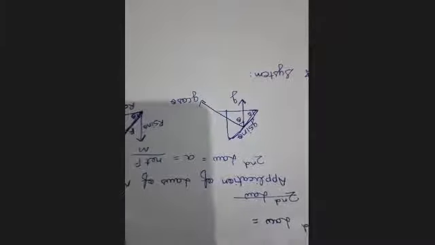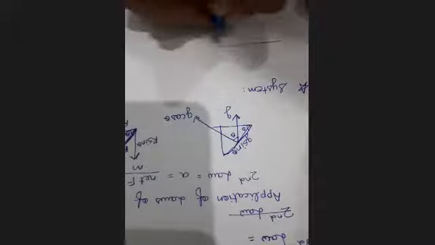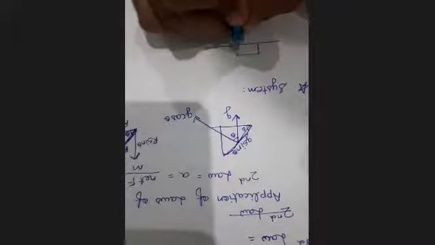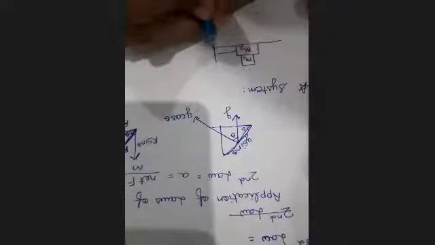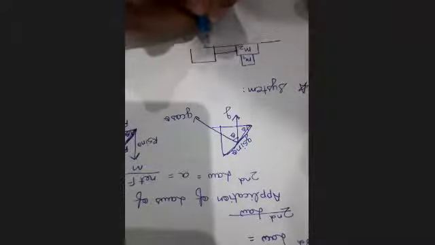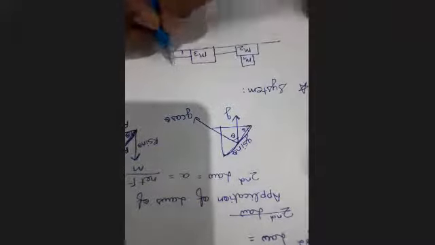System. In a system, we can take an example and then move on. There are two blocks, one upon the other, M1 and M2, which are joined to another block named M3, and the force acts towards here.